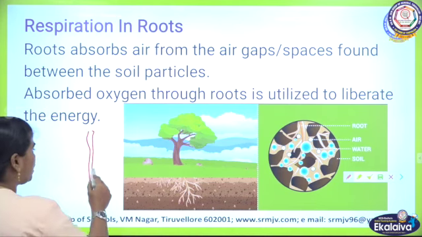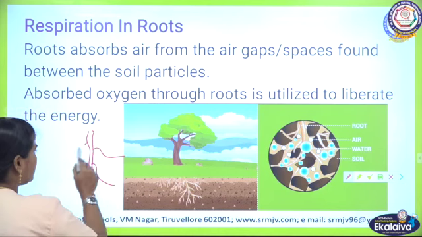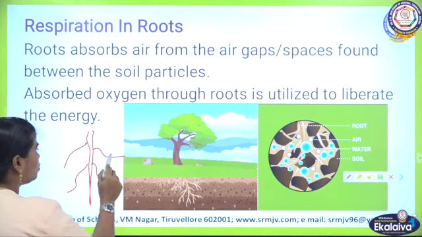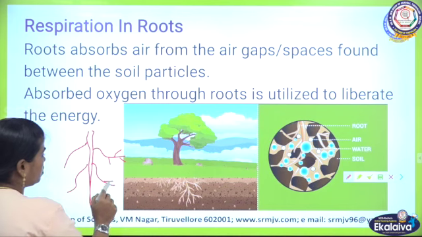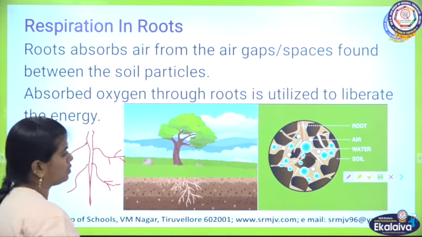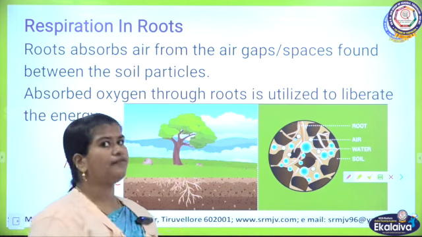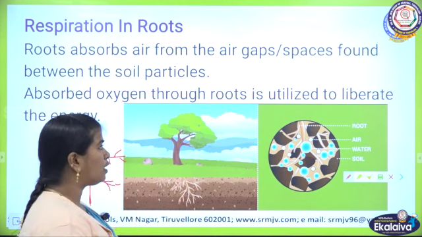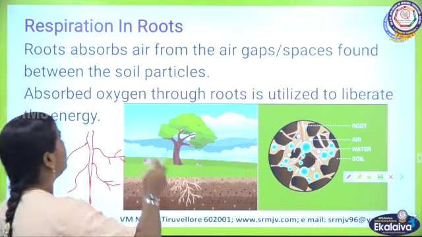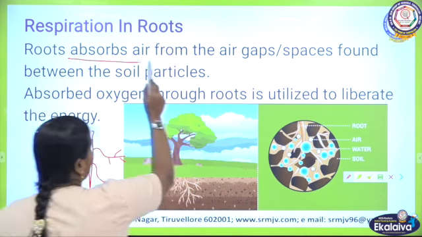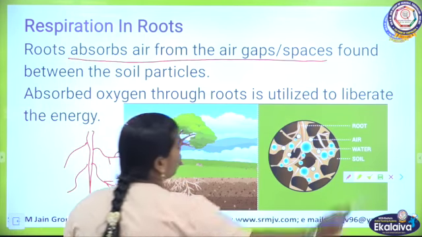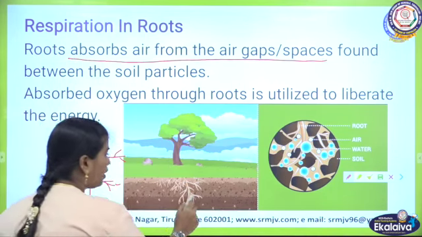So, there will be a primary root and a secondary root, and the secondary roots will have root hairs. These root hairs are the major site for respiration. They absorb air from the air gaps or spaces in the soil.